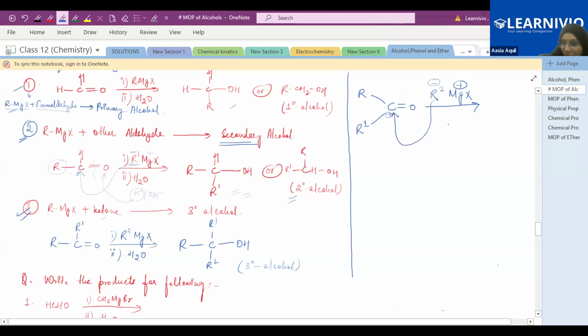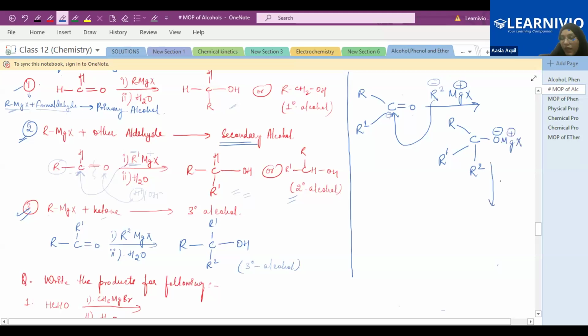Now, क्या compound बनेगा आपका? This R, C, R1, okay, and here you will attach the R2, okay, and here on oxygen there will be negative charge, and to this negative charge, this positive part of the reagent, your Grignard reagent, will attach over here, right? That's the first step.